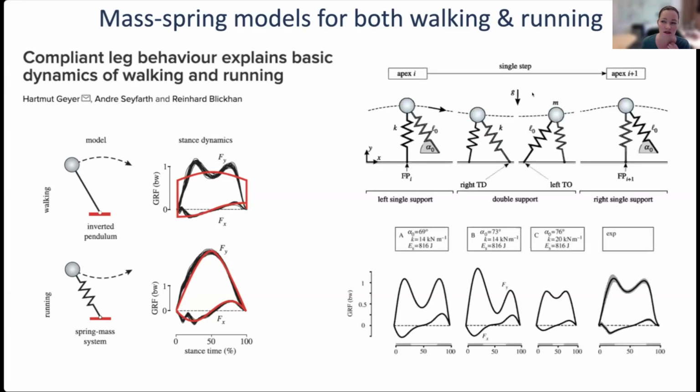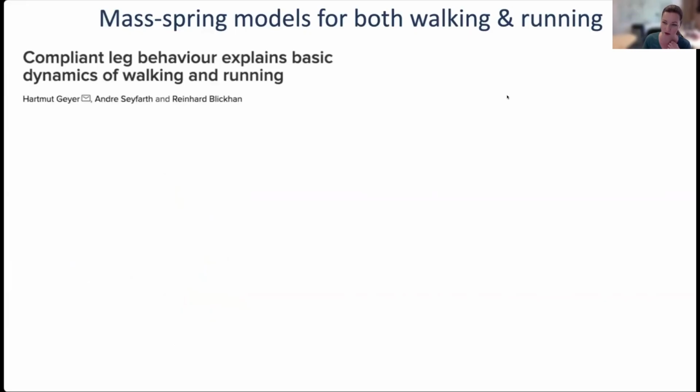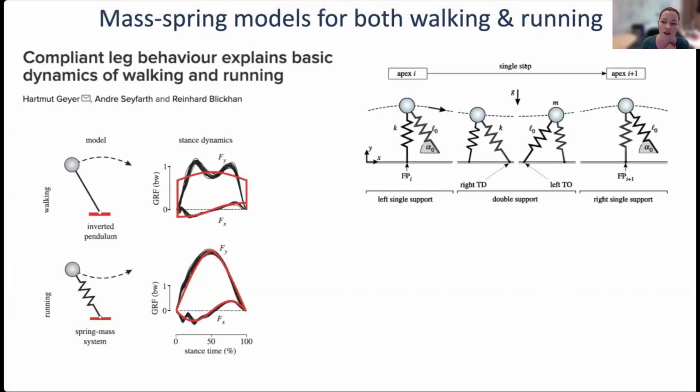So this schematic figure here shows the model that they used. It's a simple point mass with 2 legs. When in a single support phase of walking, there's only 1 leg in contact. And then it's illustrating different time points where in double support in walking, there's 2 legs in contact. There's a transition, and then there's a transition to another single leg contact.